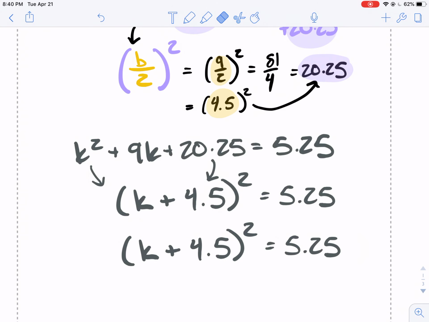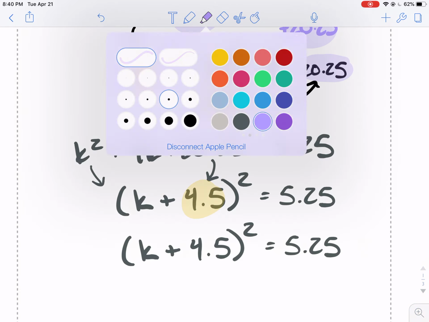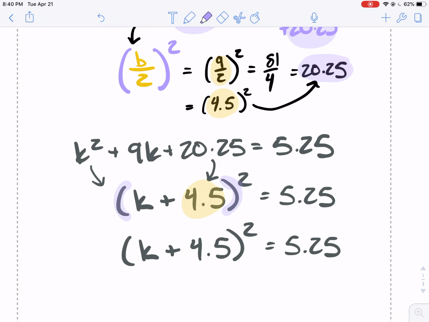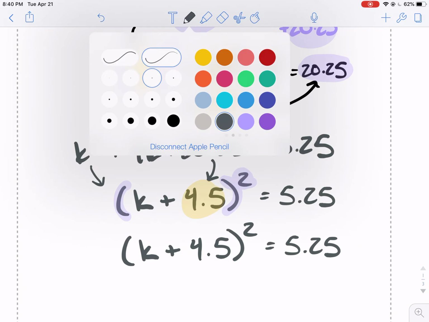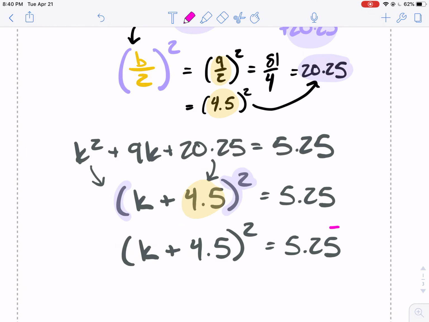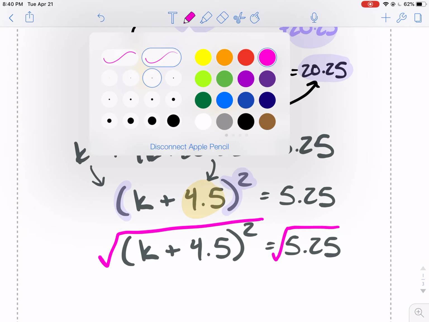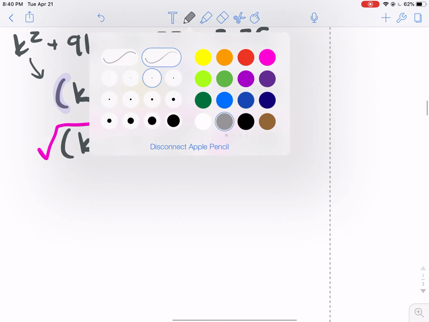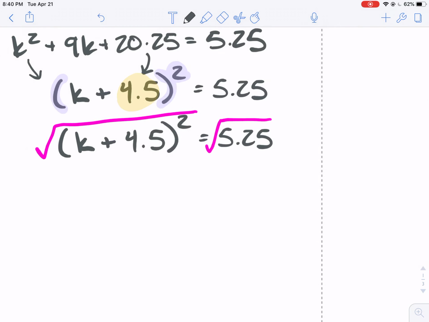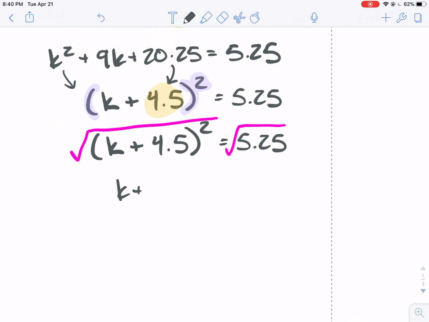Now, how do we solve this? Well, we're going to take the square root of both sides. So let's go ahead and do that. The square and the square root are going to cancel out, and that will give us just a plain old k plus 4.5. And then the square root of 5.25, you guys, is not very nice.